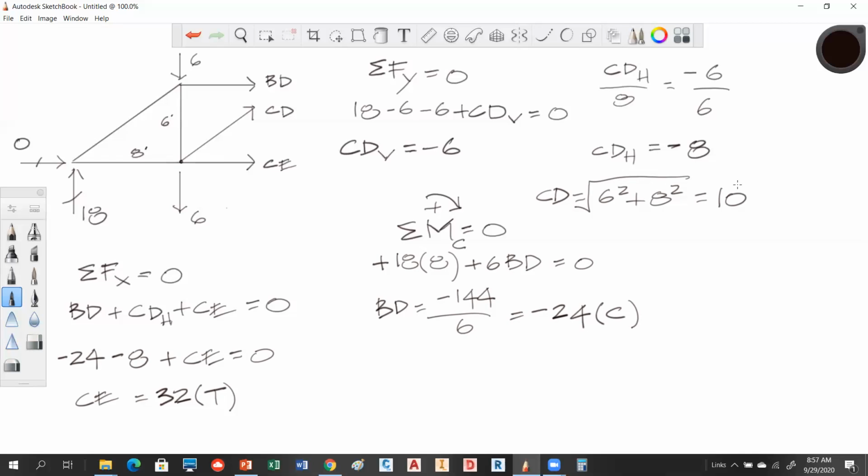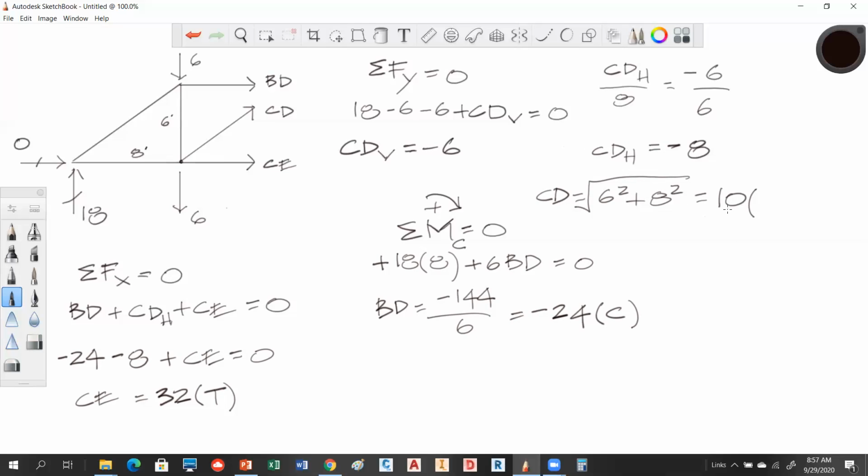Yeah. And that should be what? Compression or tension? Tension. No. What's this saying right here? The negative's indicating that it's not what we indicated, right? We called it tension, but this is telling me it's not.